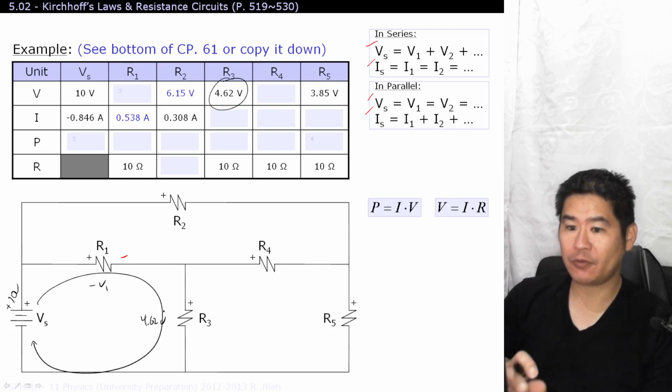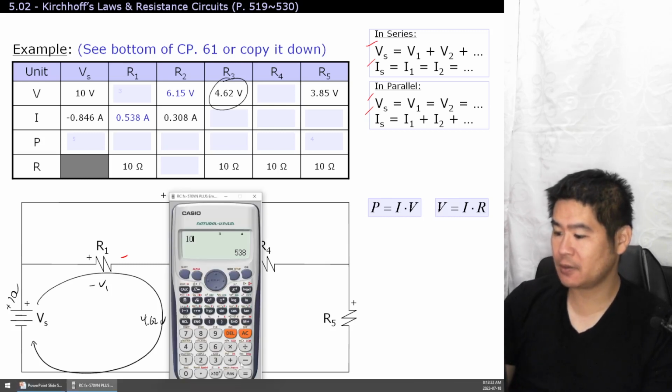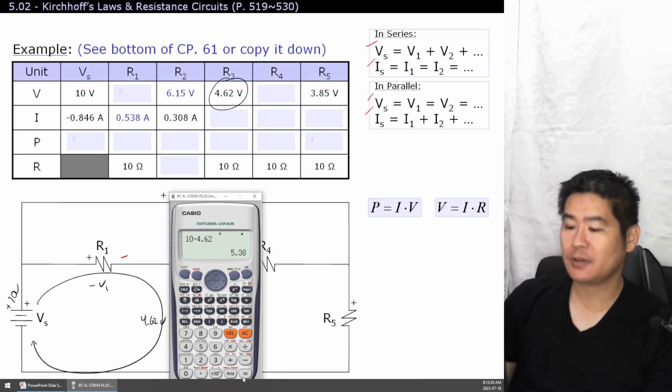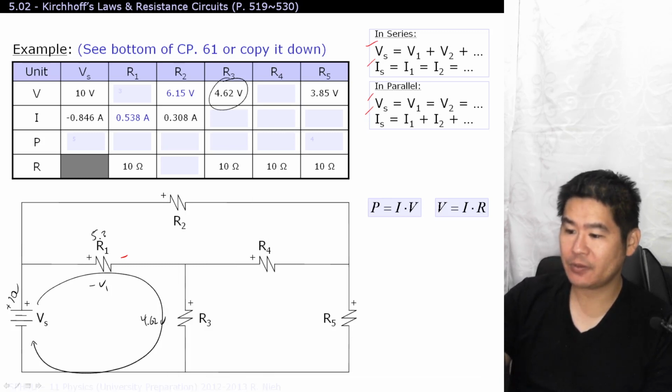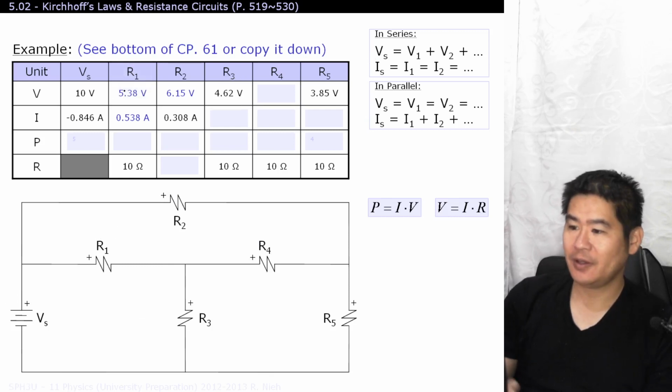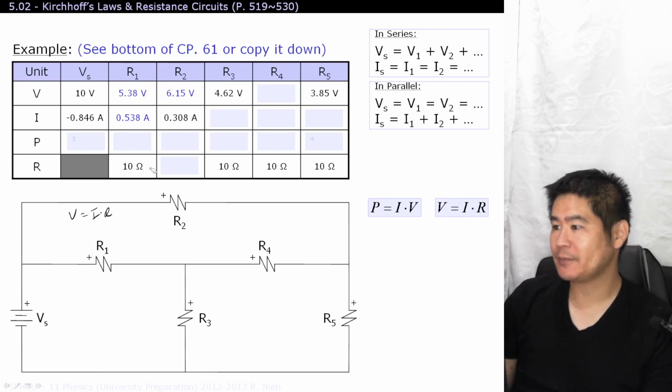So 10 minus 4.62 gives you what? 5.38 volts, right up there. And once again, if you decide to do it this way, V equals I times R, as you have those values, well, this just simply means about 50% of 10, which is around 5-ish. There you go. So there are multiple ways of proving that.